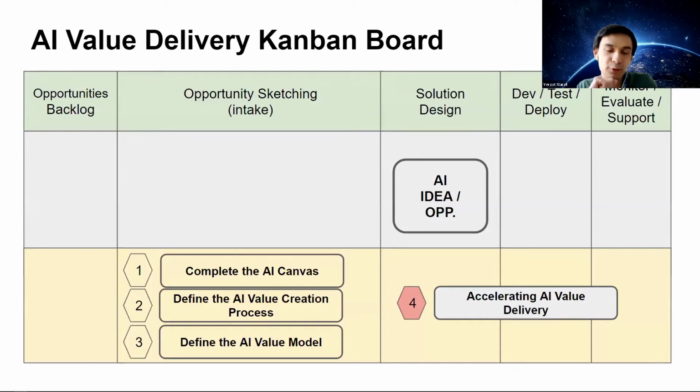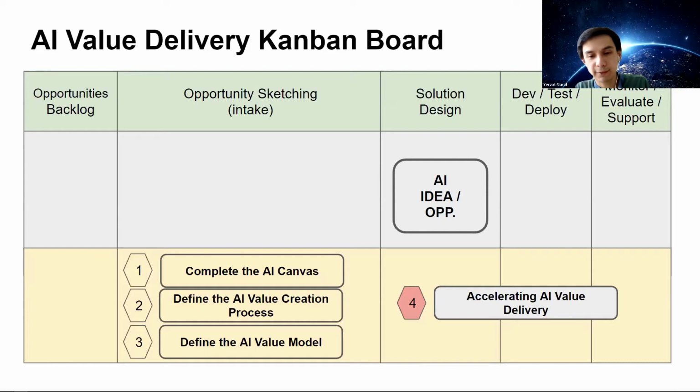So if you are done with your ideation phase and opportunity backlog, you have the sketching, you have identified value, you've done the initial calculations, you have the canvas, you have everybody aligned, and you go into the solution design or solution implementation, the POC phase, whatever way you structure your project.